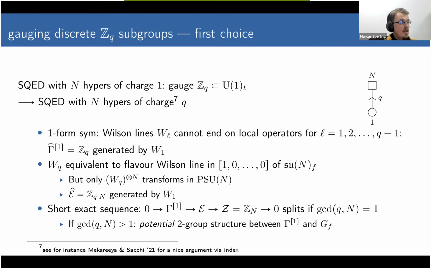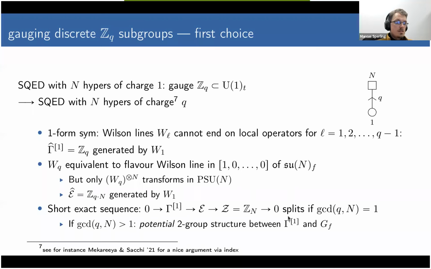But then again, if you take the nth tensor power of that thing, we're going to get the singlet representation, which is again allowed in PSU(n). That tells us that now the charge 1 Wilson line generates the group ZQn if we take into account the gauge center and the zero-form symmetry center.